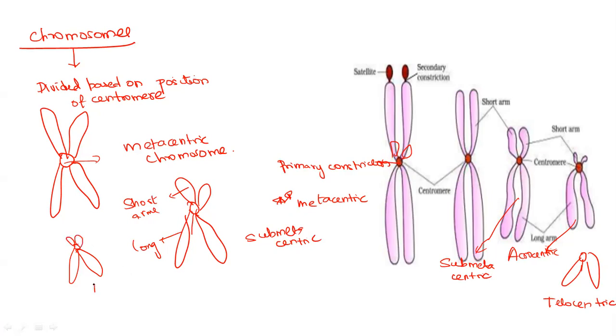See this one, this is called an acrocentric chromosome. Then we have a terminal centromere in case of a telocentric chromosome. And what happens during anaphase? Segregation happens, based on the segregation that happens during anaphase.